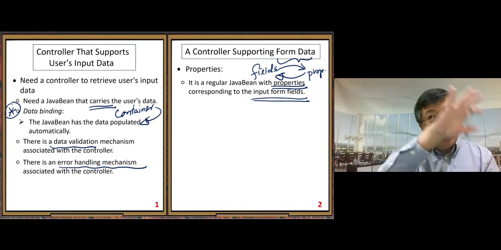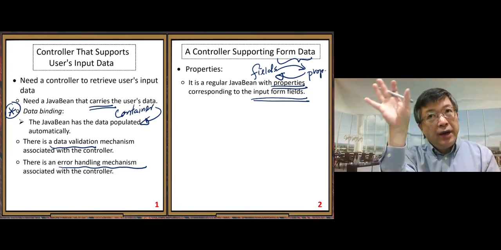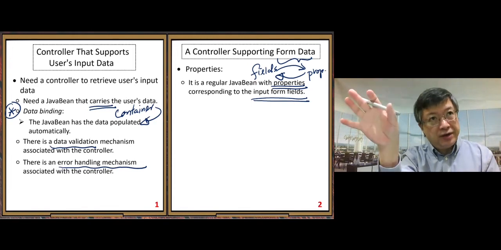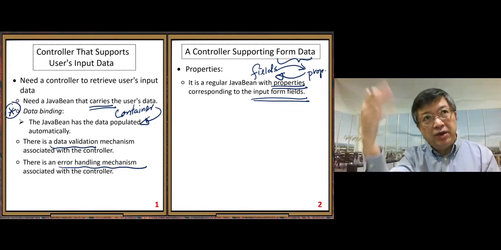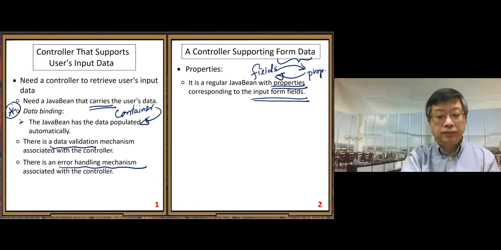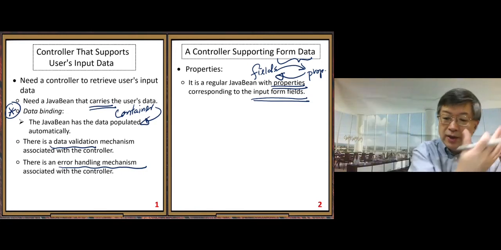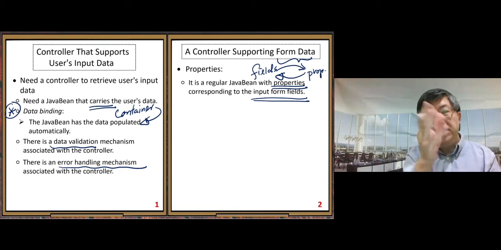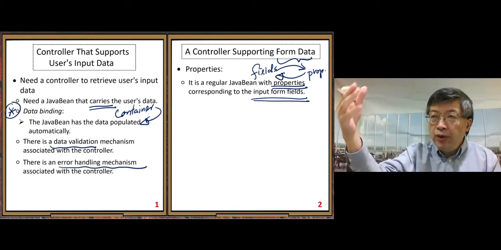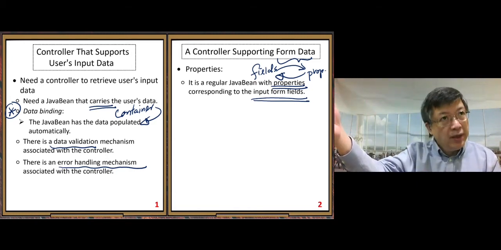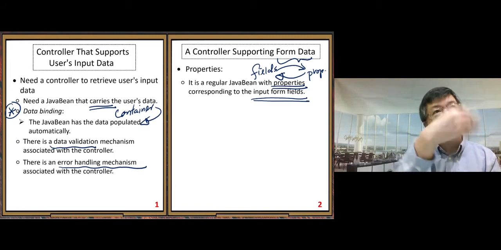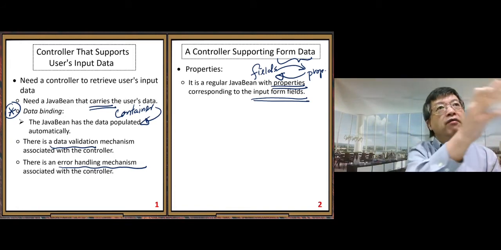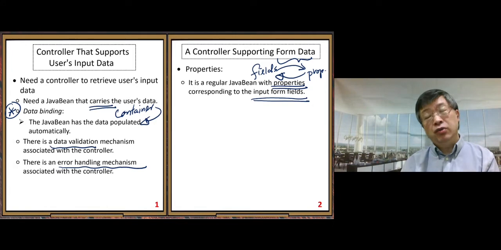You write data using setters with respect to your Java bean object. The other way, going back, that's the read operation. You read data stored inside that Java bean and display it in the form fields. So that's the two-way operation.